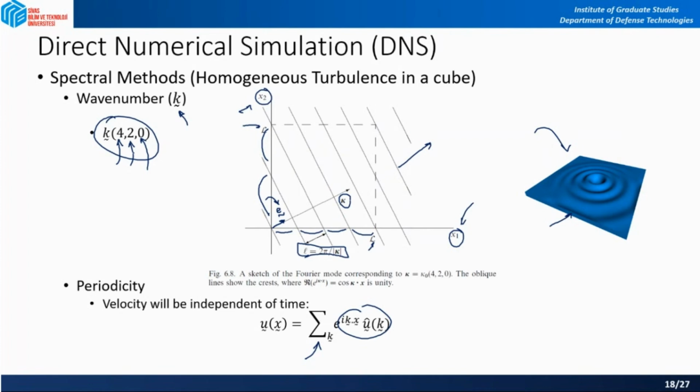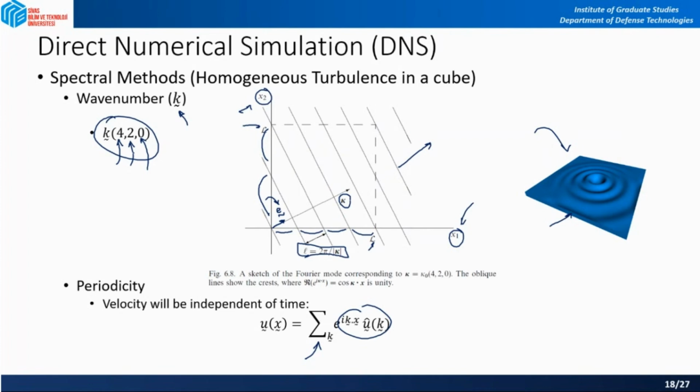So I said that after the domain, I can imagine another domain. So inside that second domain, the velocity will repeat itself. This is periodicity. Actually, an implication of the Fourier series is that the turbulent velocity field is periodic. So we have to assume that it is periodic.